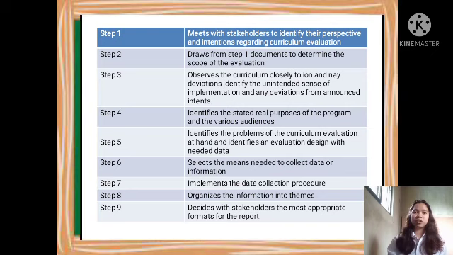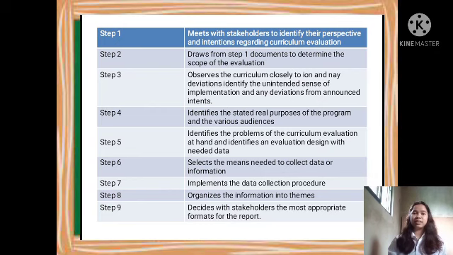Third step is observes the curriculum closely to identify the intended sense of implementation and any deviation from announced intents. So fourth step is identifies the real purposes of the program and the various audiences. So fifth step is identifies the problems of the curriculum evaluation at hand and identifies an evaluation design with the needed data.